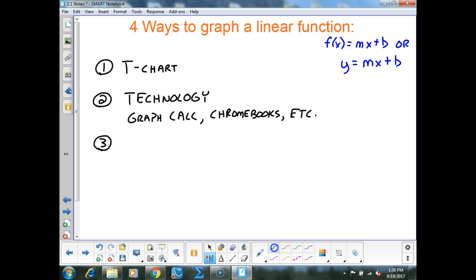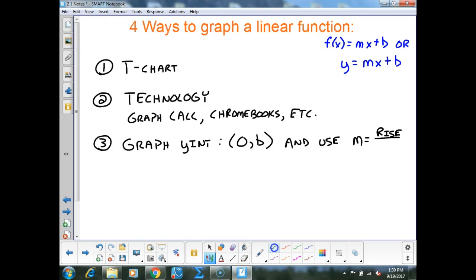So you're going to graph the y-intercept, which is the point 0, comma b, and then use the fact that your slope is rise over run to get some more points.